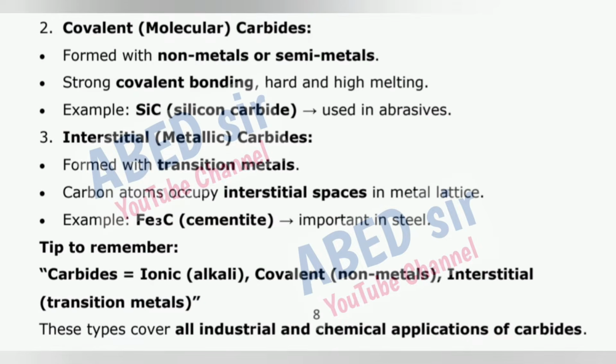2. Covalent, molecular, carbides. Formed with nonmetals or semimetals. Strong covalent bonding, hard and high melting. Example, SiC, silicon carbide, used in abrasives. 3. Interstitial, metallic, carbides. Formed with transition metals. Carbon atoms occupy interstitial spaces in the metal lattice.